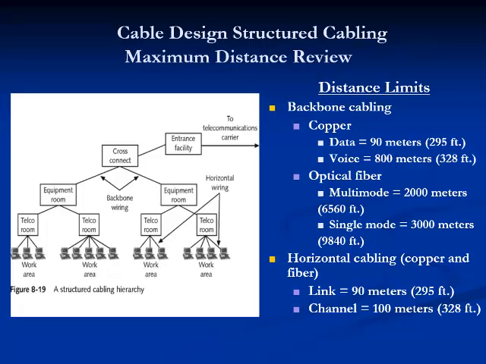As far as the optical fiber in the backbone is concerned, you're limited to 2,000 meters for multi-mode fiber and 3,000 meters for single-mode fiber. Also, in the horizontal cabling system, the link length is 90 meters and the channel limit is 100 meters. That's whether you're using copper or fiber.